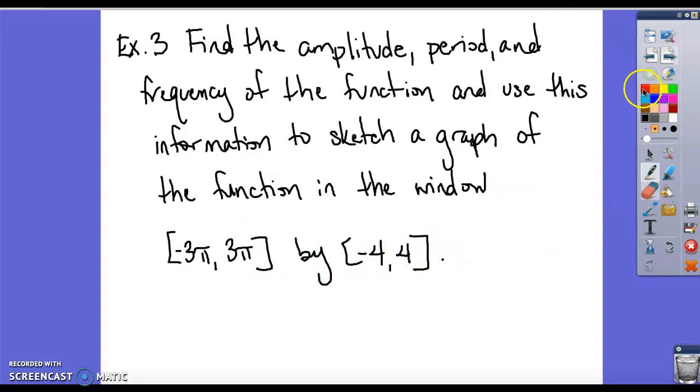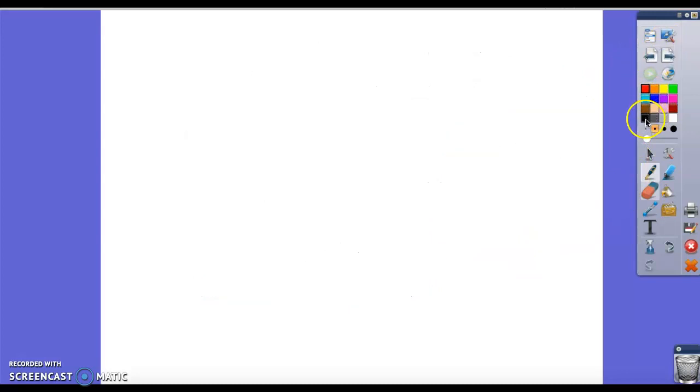And when they say that, this is your x-axis and this is your y-axis. Okay, so we're going to look at two of these.